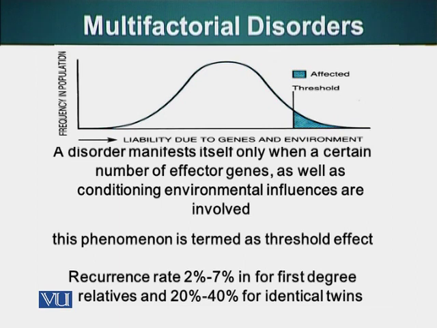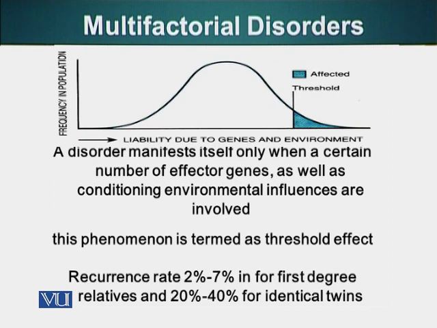If we are talking about a multifactorial disorder, for example, diabetes or blood pressure, if a person unfortunately inherits bad copies of genes, several of them are bad, plus the dietary style or the lifestyle of that individual also is not very healthy, that person will cross the arbitrary threshold and will display that disease. The disease will manifest itself. So this is basically Gaussian distribution, and this is how the multifactorial disorders manifest themselves.